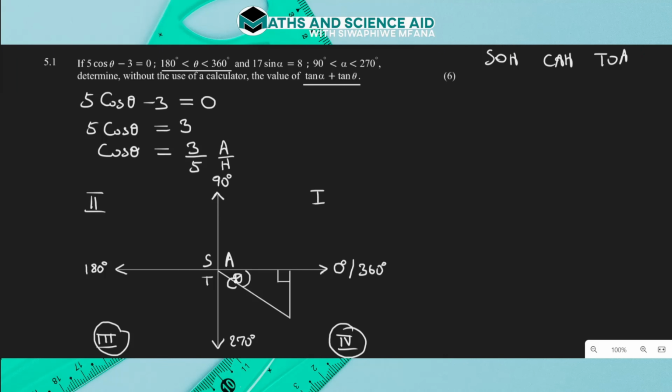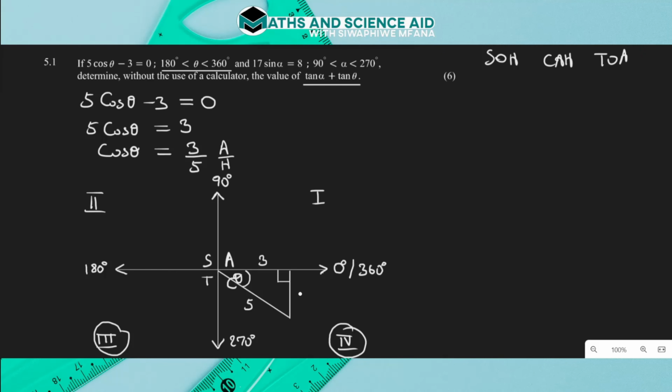Therefore, relative to this angle of theta, this side here is obviously the adjacent side, so we can label it with 3. And we know that the hypotenuse side is always the side that is opposite to the angle of 90 degrees. So this is our hypotenuse side, and it's equal to 5.